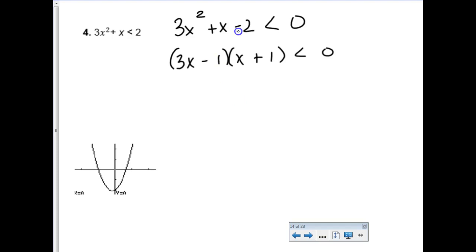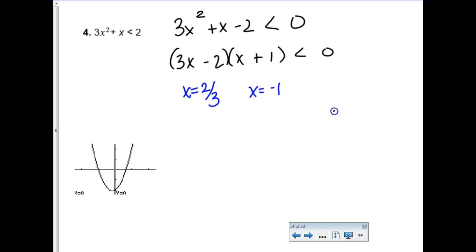Will that work? No, it won't, because that's a 2. Oh, goodness. I'm done. All right, minus 2. Does that work? 3x minus 2. Okay. So your, quote, critical points, or your x-intercepts, are going to be at x equals 2/3 and x equals -1.